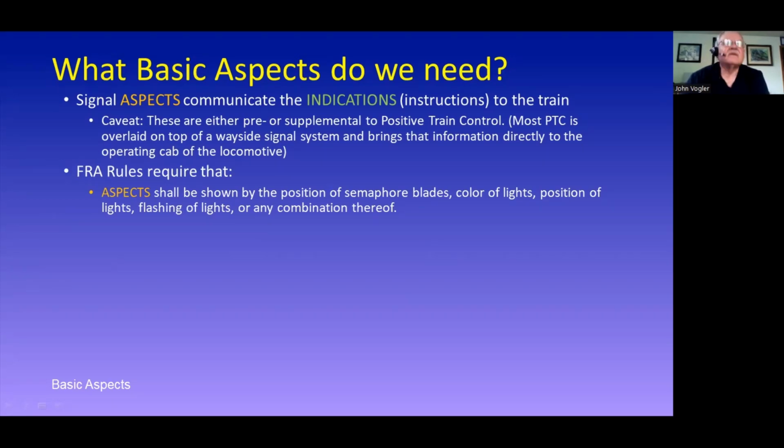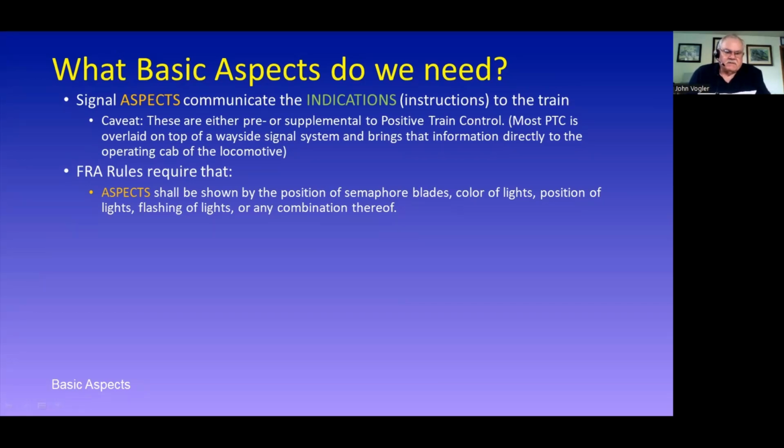So there are FRA rules that require some very minimum things of aspects. The railroads can't just arbitrarily go out and say, I want to put a pink light up and tell the crews that means something. No, because the FRA says that they shall be shown by very specific things.